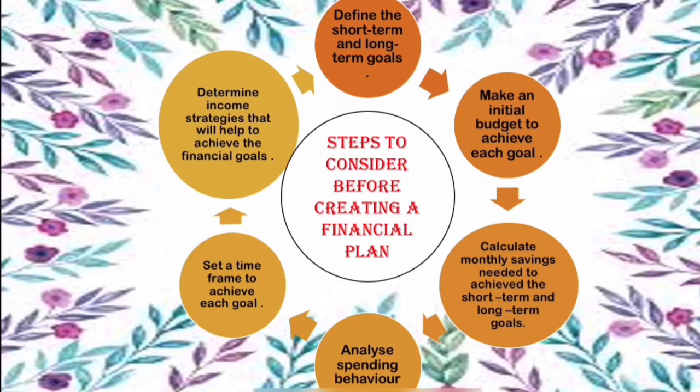For example, maybe you do a part-time job so that you can have more income, and then you can use the income to buy your handphone within a short period. So the income strategy can be a part-time job, or maybe you can do an online business. There are so many income strategies nowadays, so you have to determine which one is suitable for you.